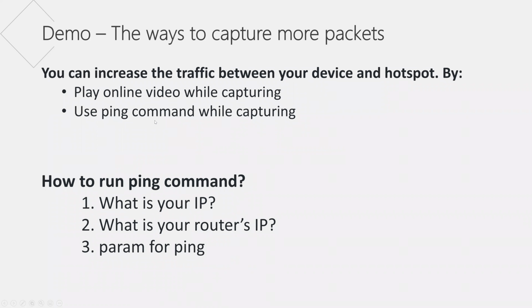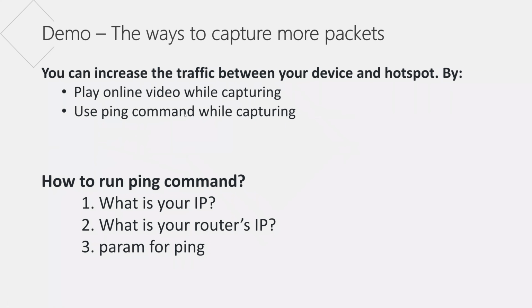And the second one is to use the ping command. For the online video, I don't think I need to talk about how to play one. Just open YouTube or something like that.